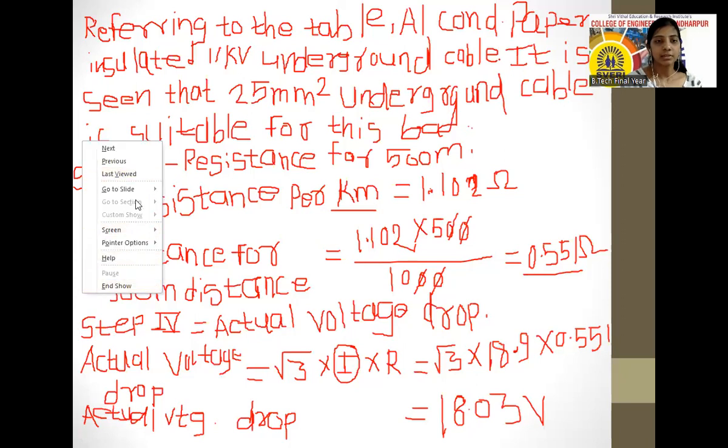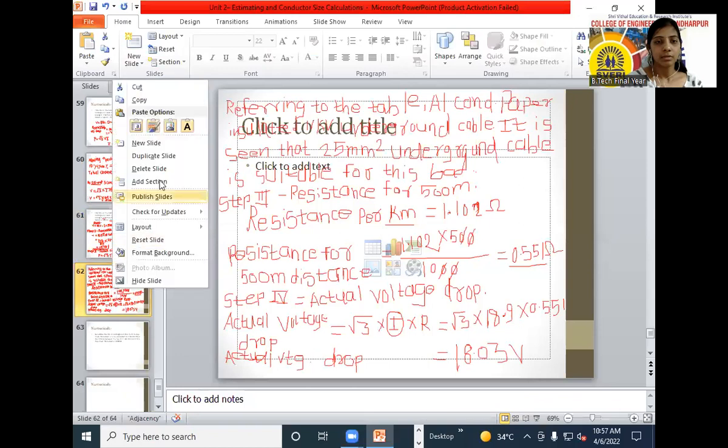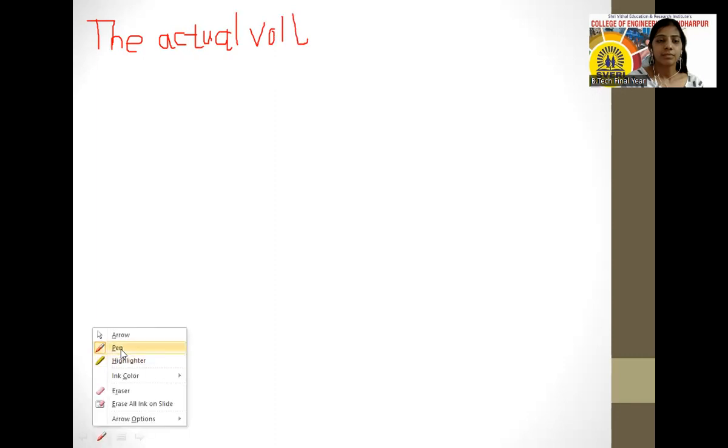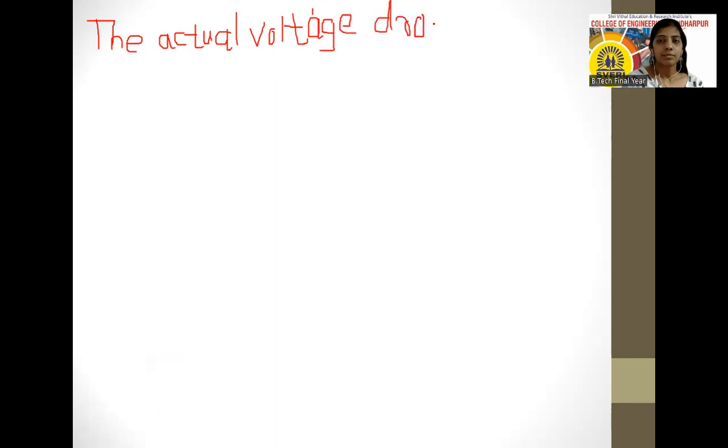You can write one sentence at the last. The actual voltage drop is falling within permissible limit.